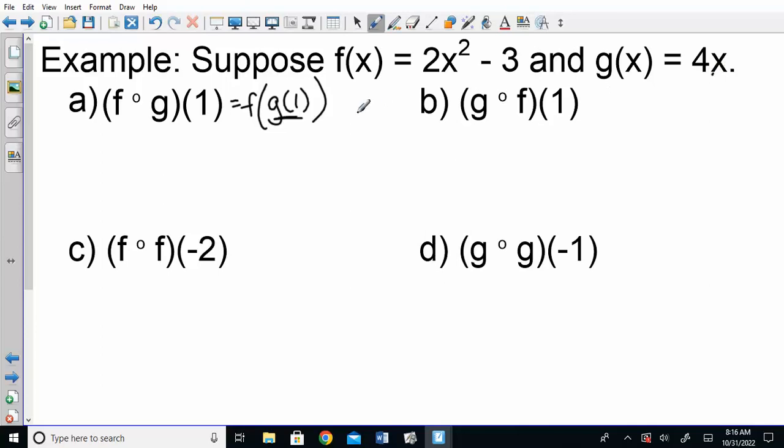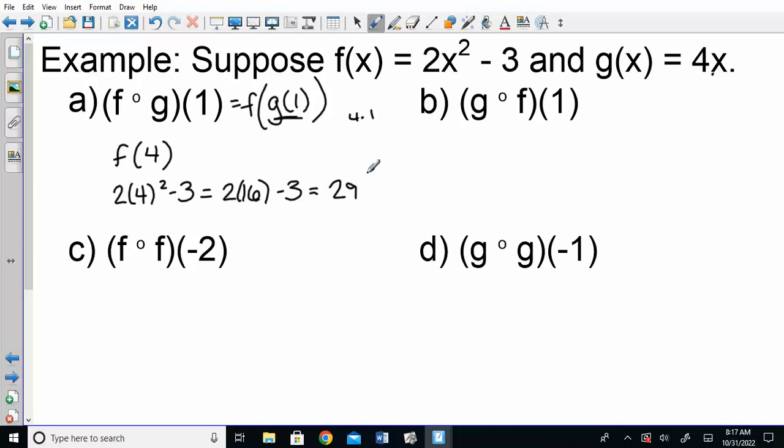So if I put a 1 in there, 4 times 1 is just 4. So that whole inside piece gets changed to a 4. Yep, so now we go to f and we plug in a 4 for that x. So 4 squared is 16, times 2 is 32, minus 3 is 29.